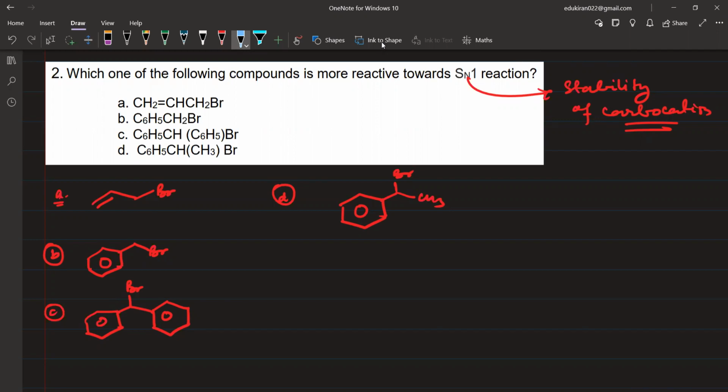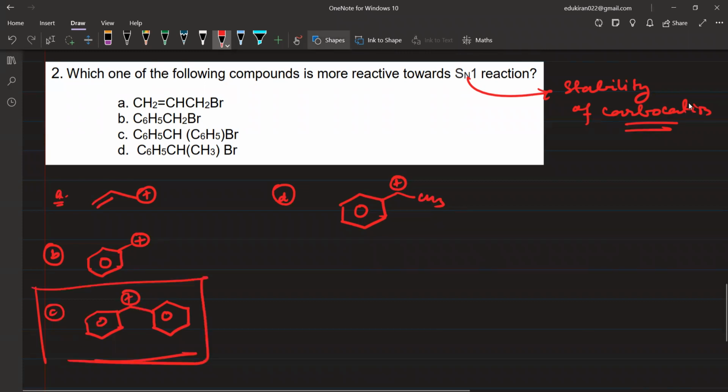You answered very late. Look a little more first. Your answer is correct, Adriel. So all of you have to look like this. This won't be Br. Which is the most stable carbocation? This carbocation is going to be most stable because it will have resonance from two benzene rings. That is why option C is the correct option.